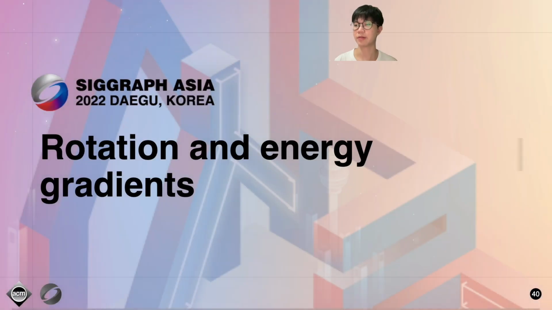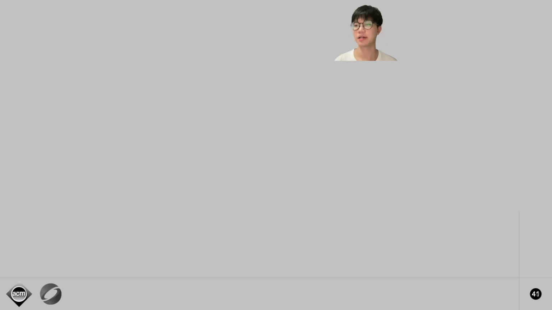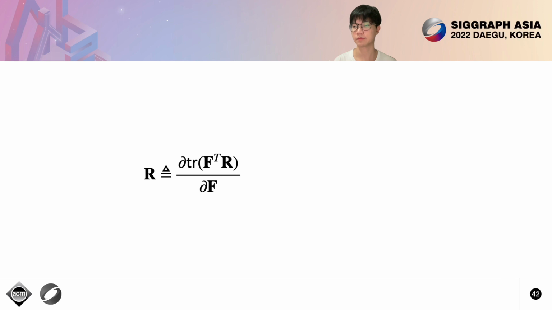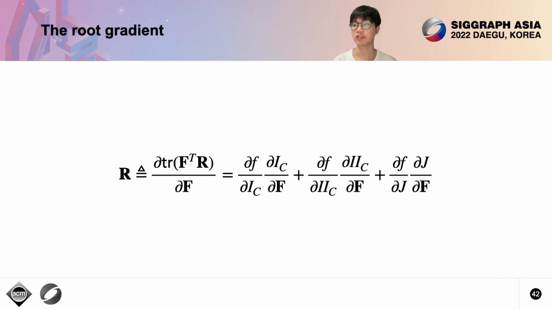Next, I'll talk about how this implicit formulation also gives an analytic rotation formulation. By calculus definition, the rotation matrix can be given by taking the derivative of the trace term with respect to F. As we just discussed, the trace term can be expressed as the root of the polynomial, and the derivatives of the root can be evaluated analytically.